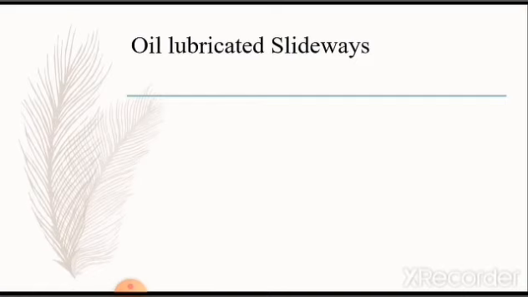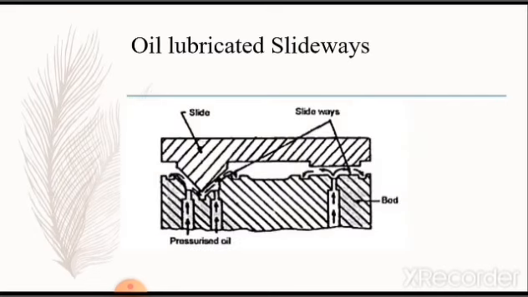A hydrostatic slideway means a thin layer of oil or air is provided between the slide and slideways. These slideways are already made in the slide or the bed. On the bed, continuous oil pressure is maintained inside these voids.